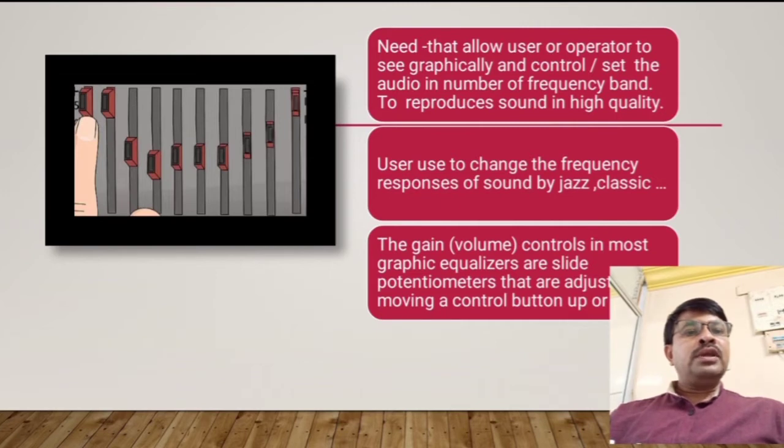For that we use jazz, hip hop, classic graphic equalizer settings. In other words, the graphic equalizer can be used to adjust or set the gain of the amplifier circuits by varying the potentiometer, with the upper side to the higher level and the downside to the lower level. This will be the lower side, this will be the higher side.